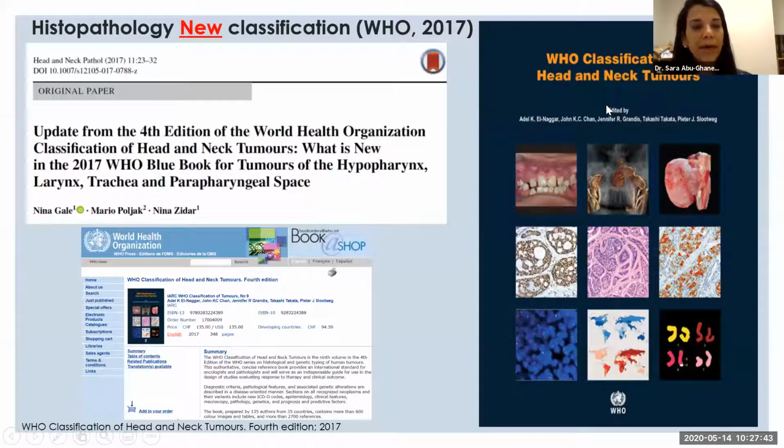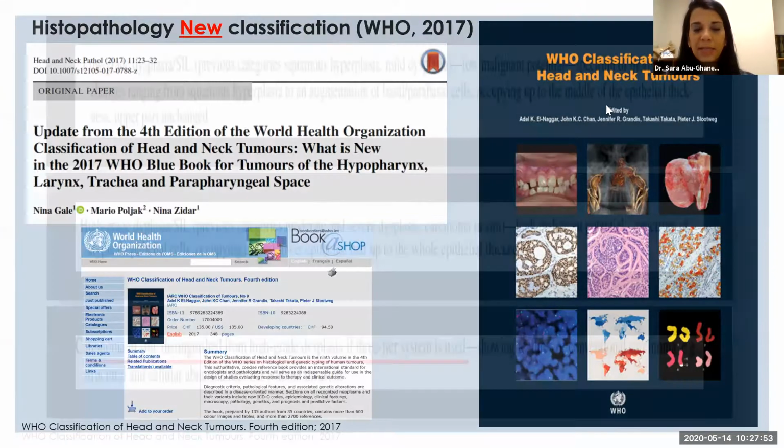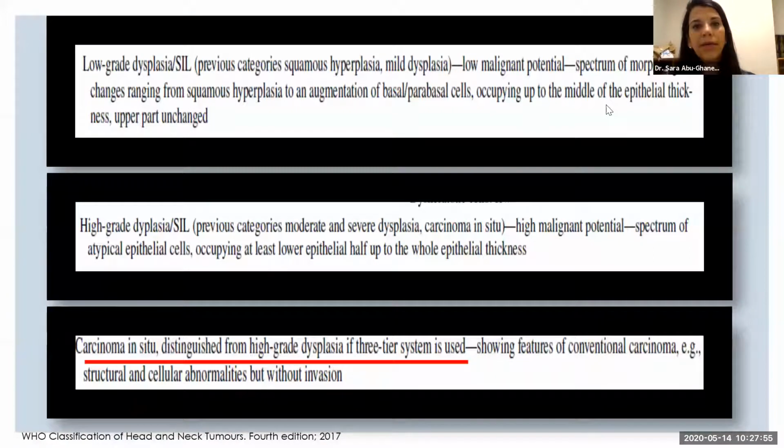However, I do want to introduce us all to the new classification from 2017 of the WHO. It's a very nice classification that makes it so much easier, saying that from now on, we're not going to talk about so many different subgroups of pathology result, but either low-grade dysplasia that has low malignant potential, or high-grade dysplasia with high malignant potential.